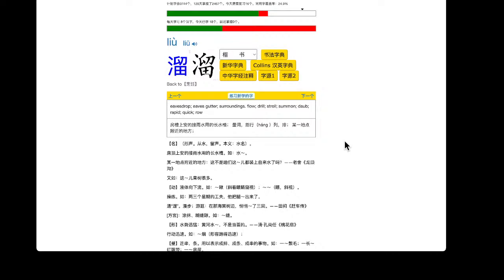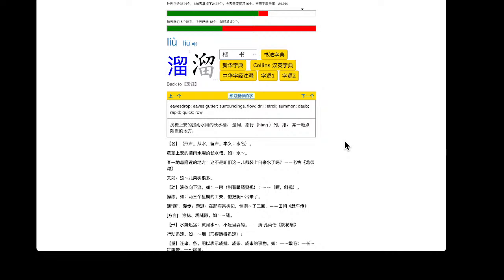We call them 水溜. It also refers to a place, for example 这溜 means here. 这溜果树很多 means there are many fruit trees over here.